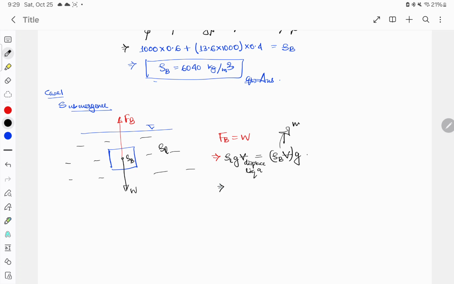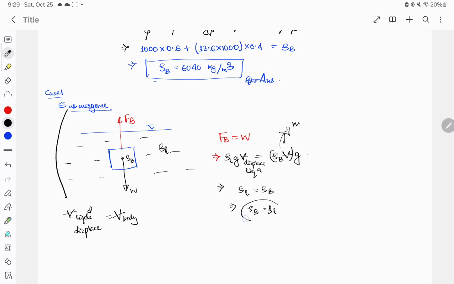So in this particular example, in the case of submergence, the volume of liquid displaced is the actual volume of the body, which means these two are the same.